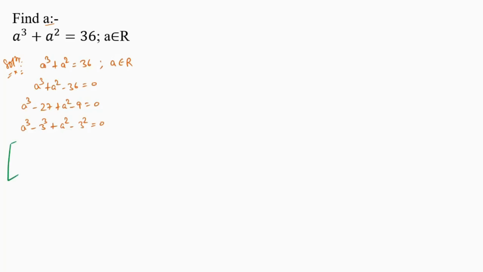And we know that m cube minus n cube equals to m minus n times m square plus n square plus m times n. Also, m square minus n square equals to m plus n times m minus n.